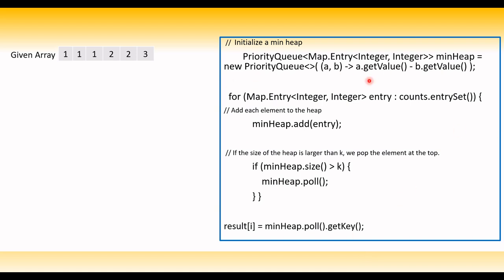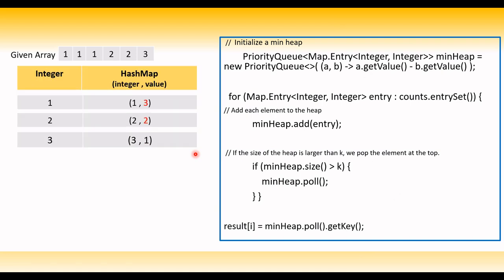This is just pseudo code. You can get the entire code in the code link in the description below. So this is how the hash map will store the values for individual integers and their occurrences, in key value format. And once the hash map stores these values, then we can create a new min heap.